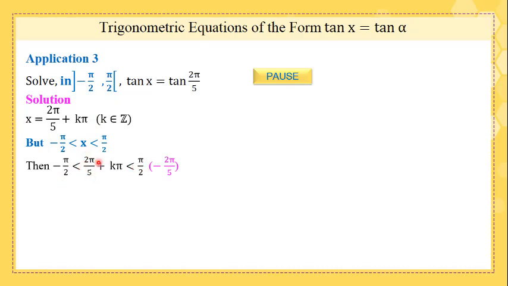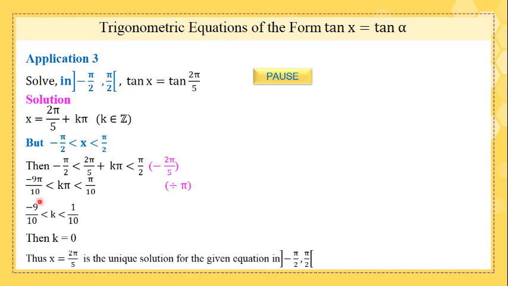Subtract this number 2 pi over 5. Now divide the inequality by pi. Then k will be between minus 9 over 10 and 1 over 10, hence k equals 0. Put 0 here, then x equals 2 pi over 5 is the unique solution for the given equation in minus pi over 2, pi over 2.